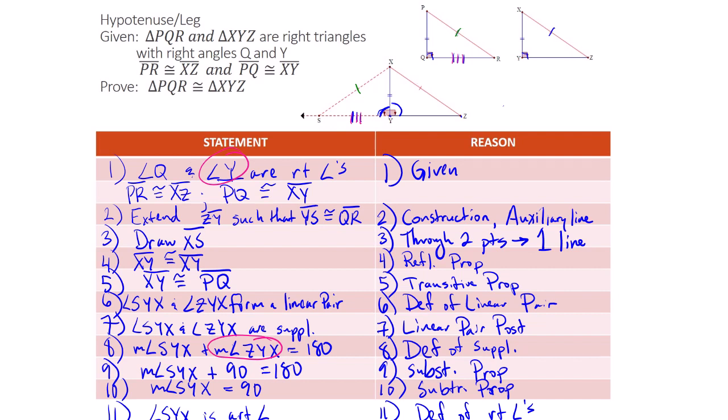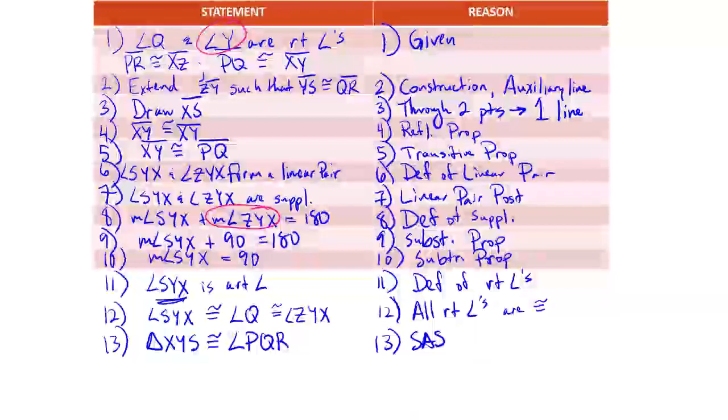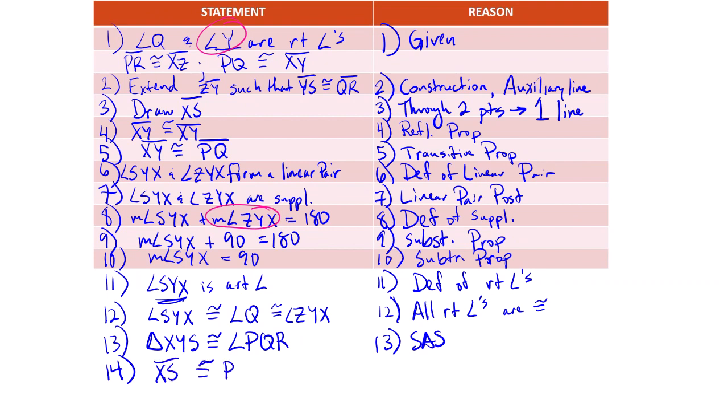So if I can get these to relate, that'll help me relate this to this, this to this, and then we can go from there, okay? So I'm going to say that XS is congruent to PR by CPCTC. So XS is congruent to PR. And that's because corresponding parts of congruent triangles are congruent.